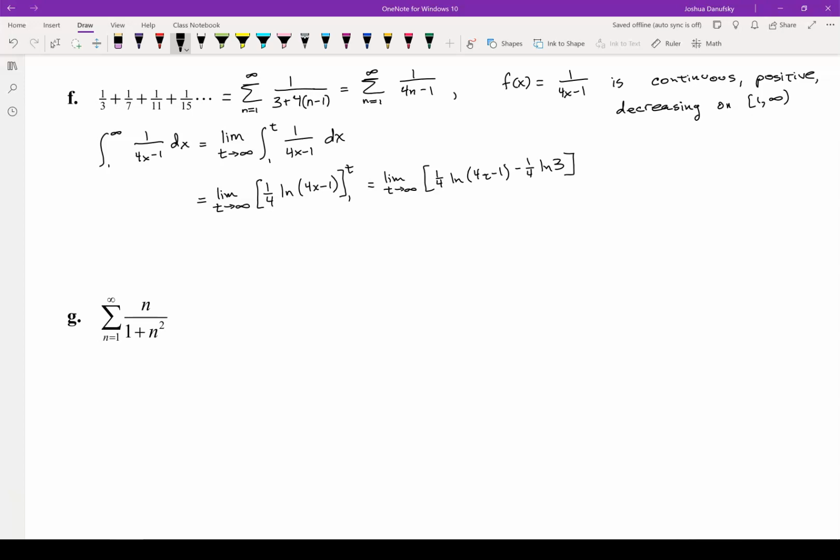As we let t go to infinity, this term goes to infinity. So our improper integral is divergent. Therefore, by the integral test, our series diverges as well.